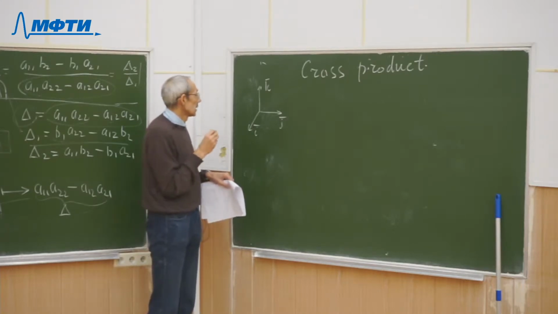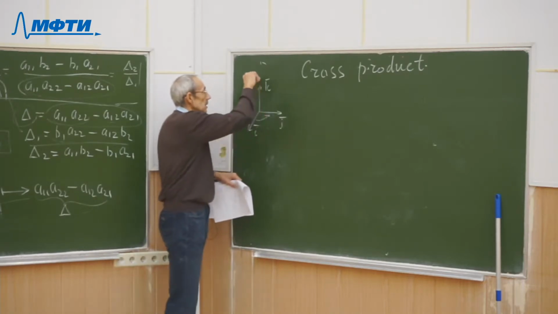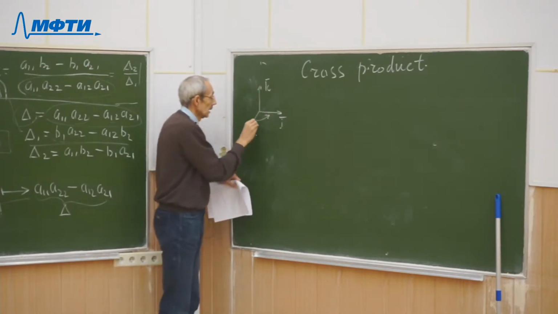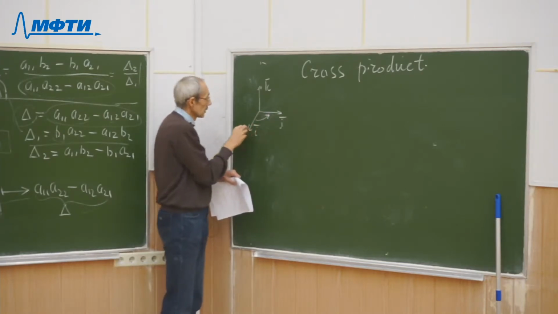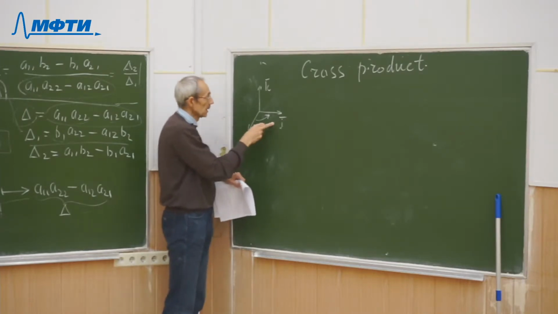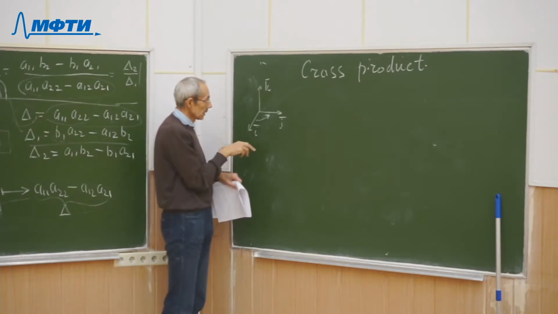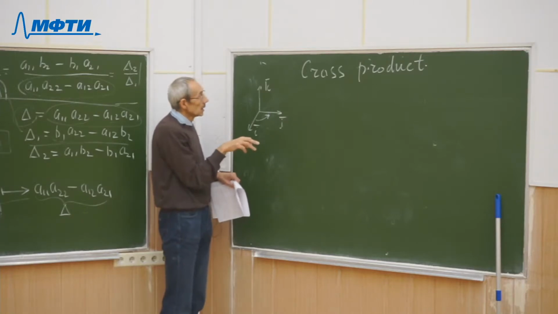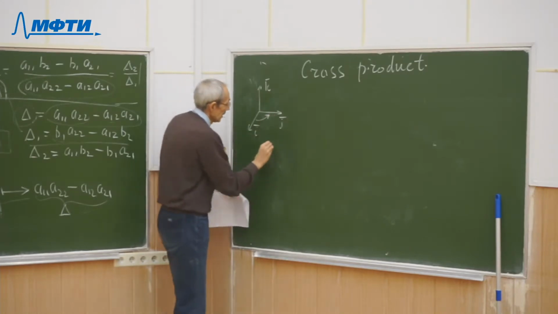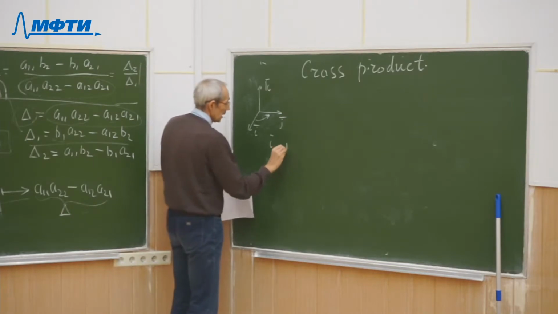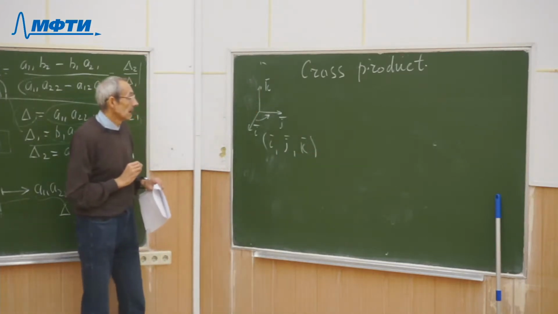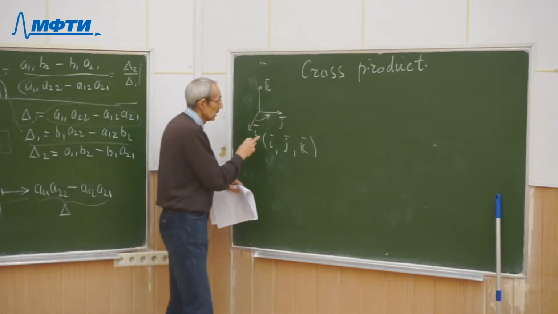Let's suppose that if we look from the end of the third vector, the shortest motion from the first vector to the second is opposite to the motion of a clock's arrows. Then we can see that in our case the triple i, j, k is a right triple.